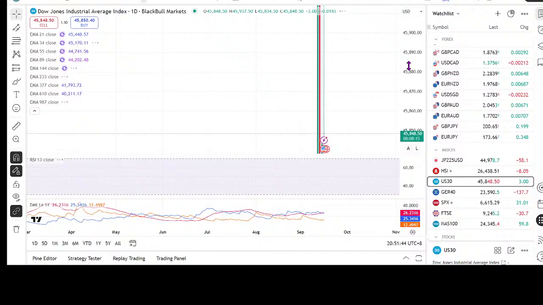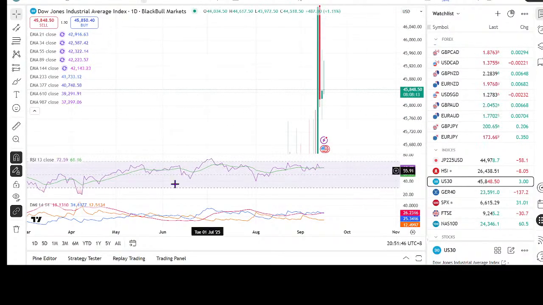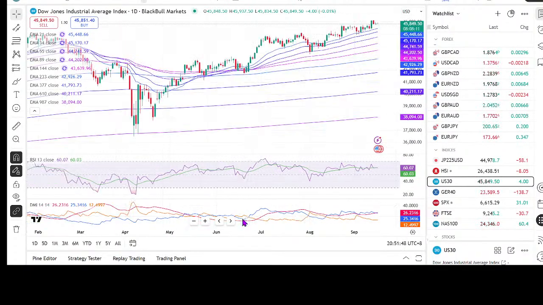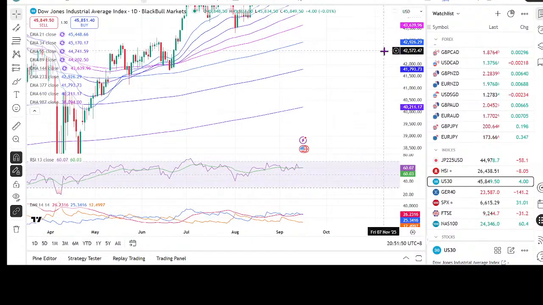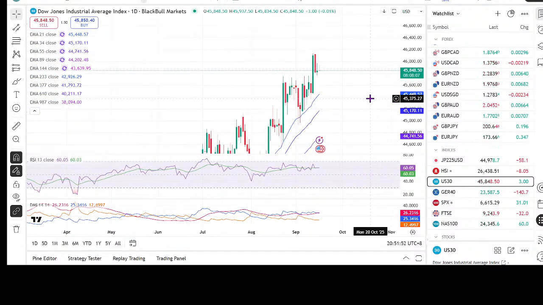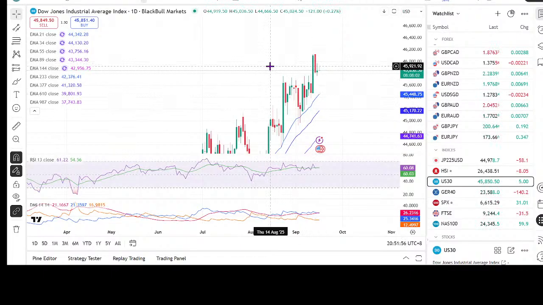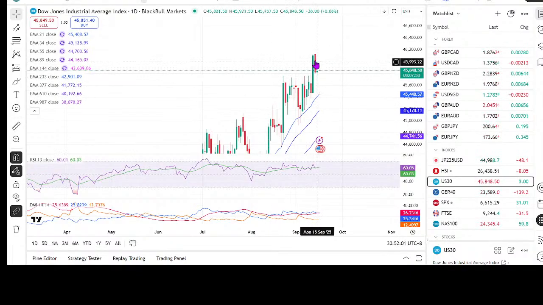So the Dow seems to be... okay. Market made a high, broke out of the range, then made a high, then the market closed the next day weak.